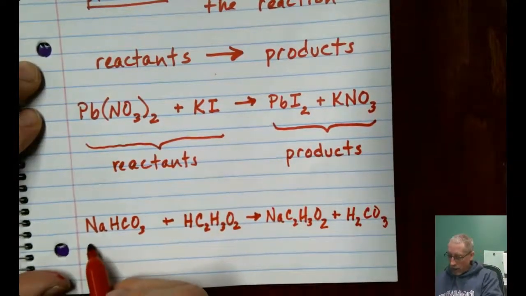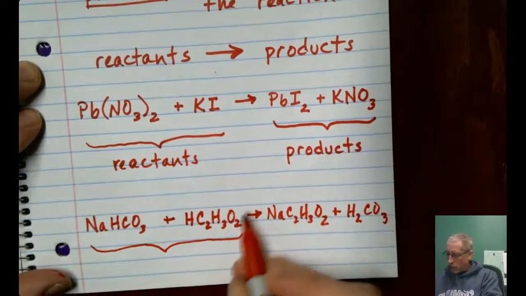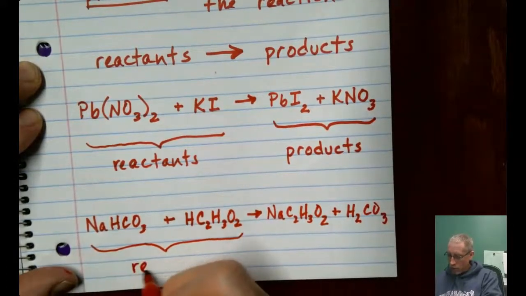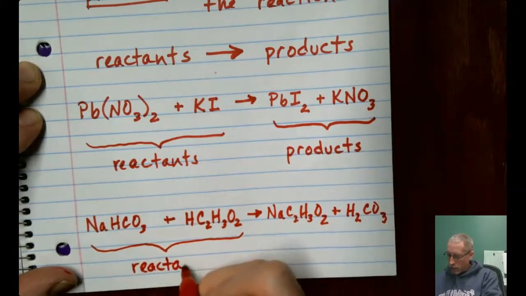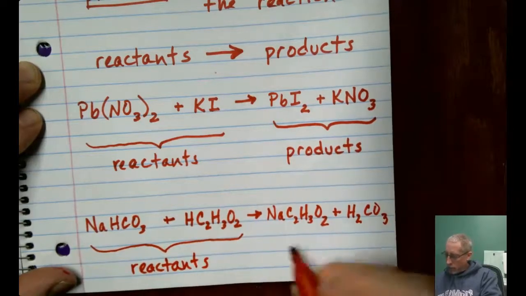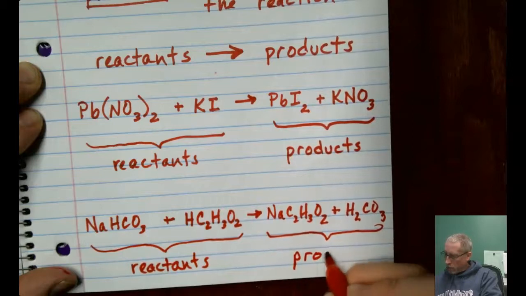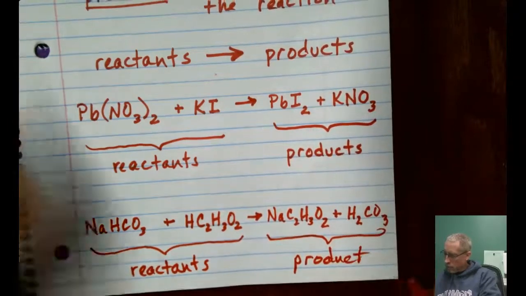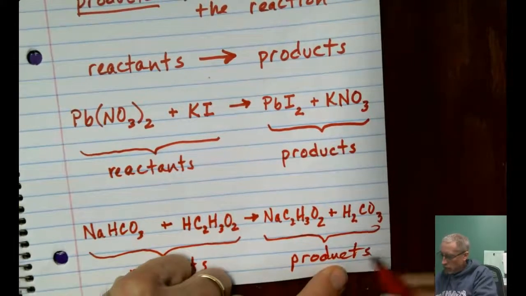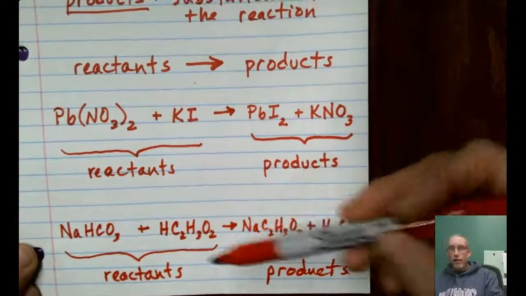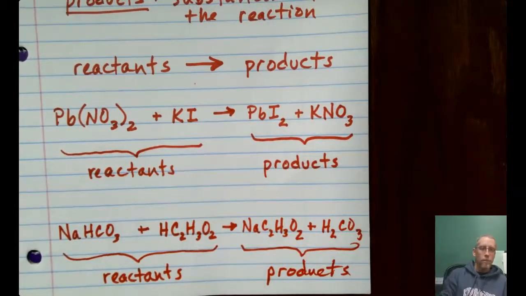So again, we have before the reaction, before the arrow, this is all I want you to be able to recognize. To the left of the arrow are the reactants, and to the right of the arrow are the products. Okay? So the reaction itself is kind of indicated by that arrow there. Right?